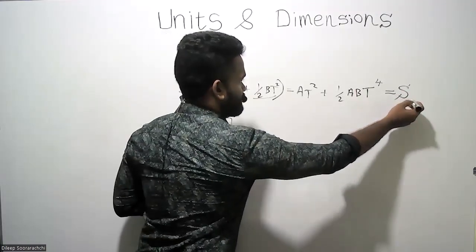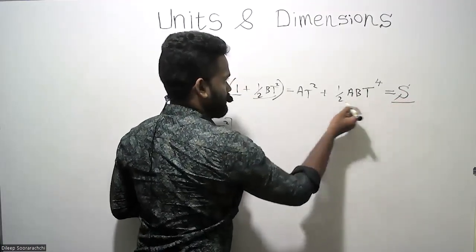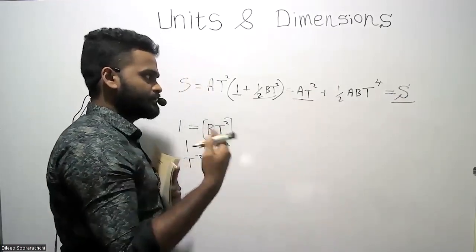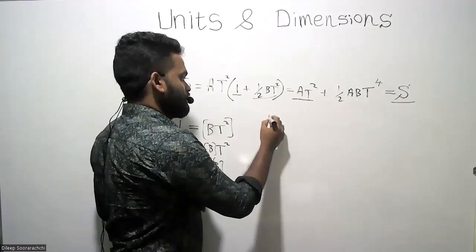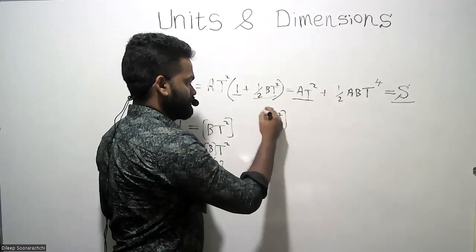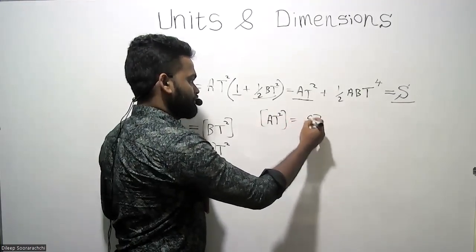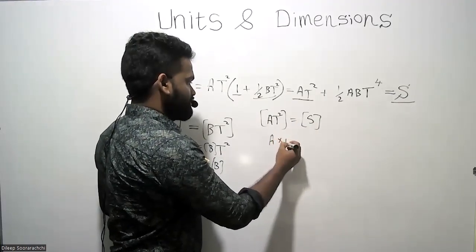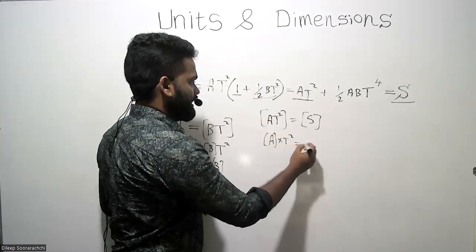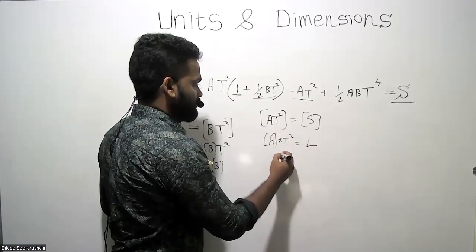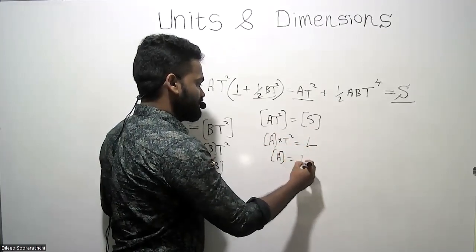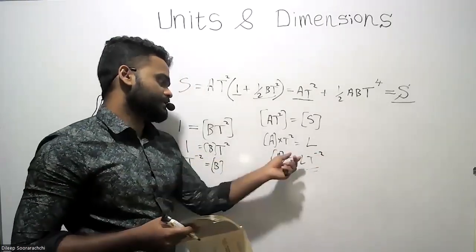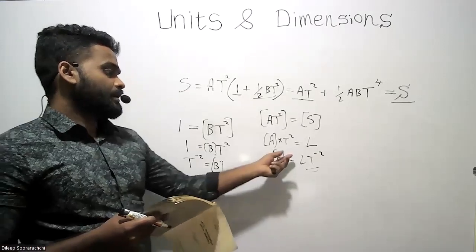Then the dimensions of s and the dimensions of this one should also be the same, meaning a t squared should have the dimensions of s. A t squared has dimensions T squared, and s has dimensions L. So dimensions of a equals L T to the minus 2, which is the dimensions of acceleration.